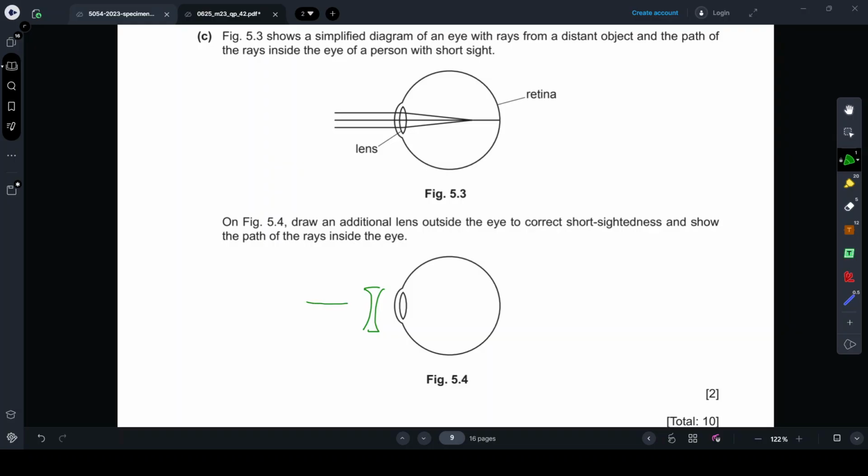And so the rays are, I'm going to be crude with this, the rays are coming in and they will diverge. I need to reposition the lower one. Obviously you're going to draw this much neater. So they're going to diverge, and then right from here you're going to draw them converging on the retina.